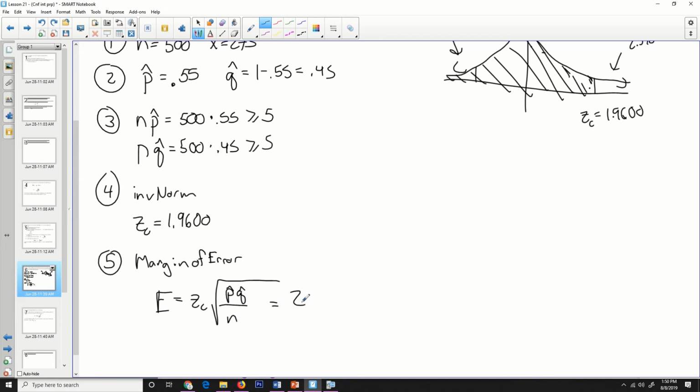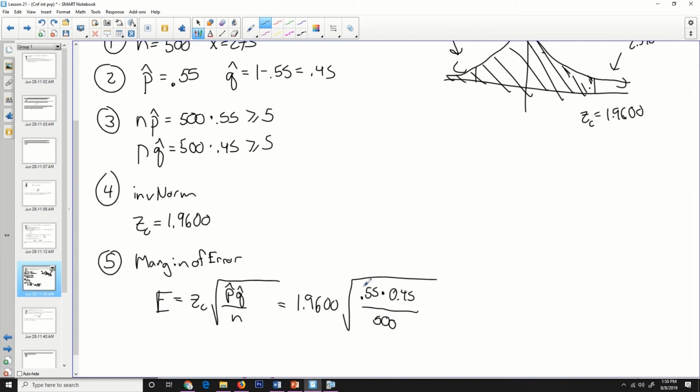In this case, the ZC score was 1.9600. Square root of 0.55, which was p hat right there, times 0.45, which is q hat right there, all over n, the total number, 500.